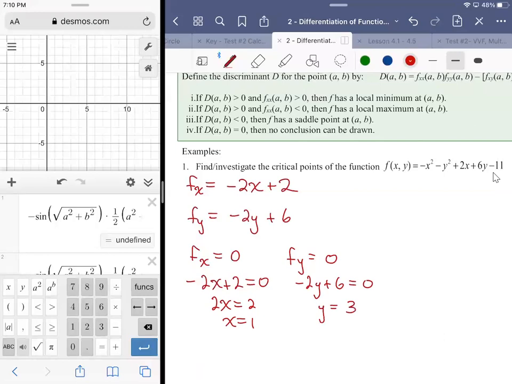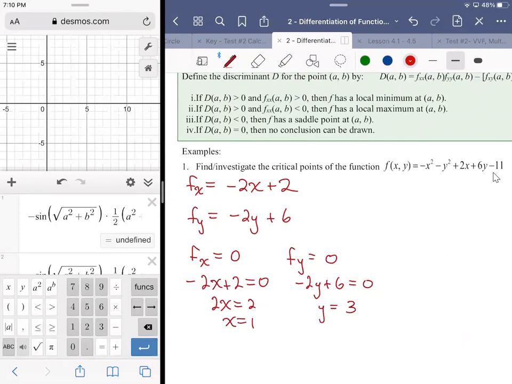If x is equal to 1, then the first order partial with respect to x would be equal to 0. If y is equal to 3, the first order partial with respect to y would be equal to 0. 0 is equal to 0, so f sub x would be equal to f sub y. So we got what we need there.